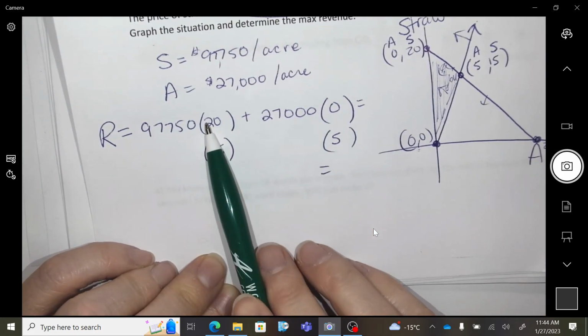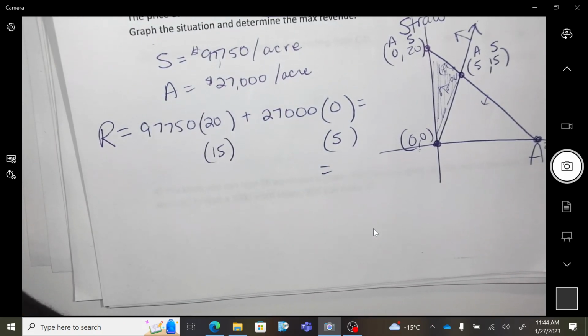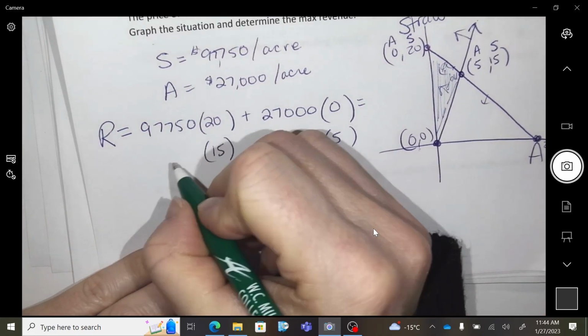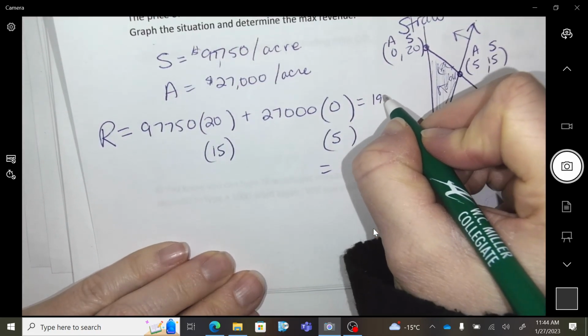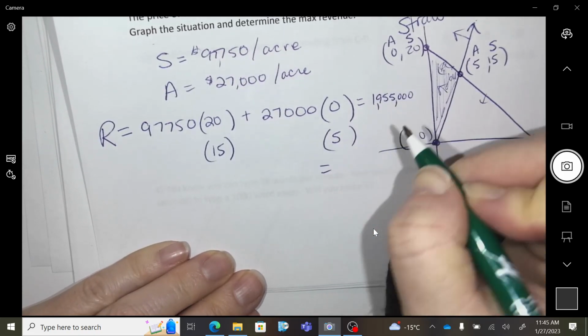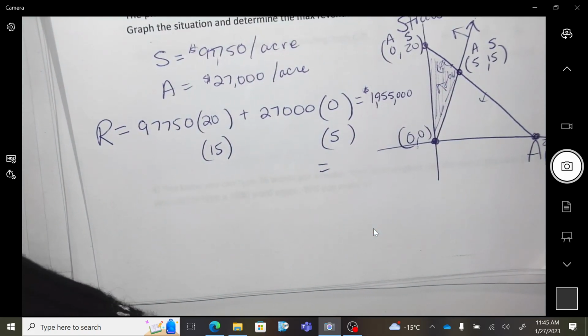Okay? So how much money does that generate? How much money does that generate? You know that you can push second enter, right? To save yourself time.